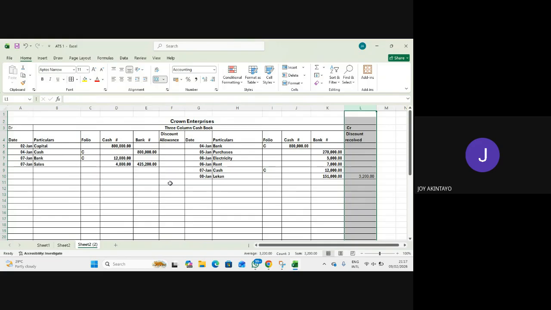So let's pick the first transaction. What's the first transaction we have? Cash sales. So how do we post? Where are we posting our cash sales? Debit side or credit side?